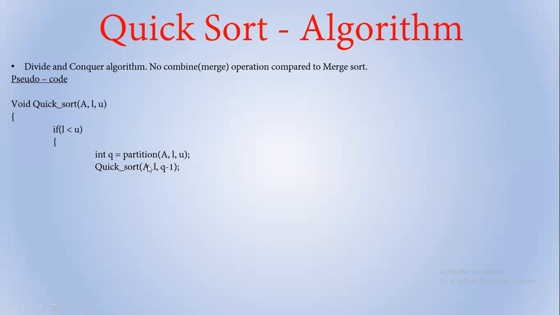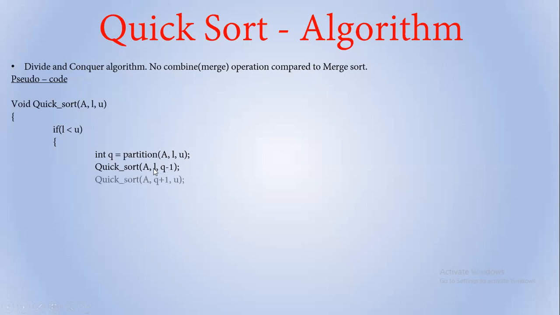The first part of the quicksort will occur for the same array from the lowest index up to Q minus 1, that means the return value minus 1.